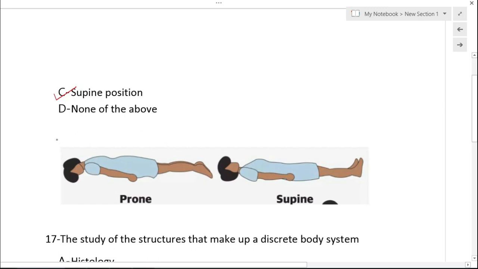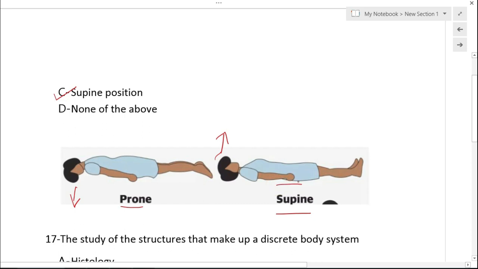Here it shows what is supine and what is prone. The question was supine, so we will see supine first. In supine, the face will be pointing upward, and the subject will be lying down flat on the back.